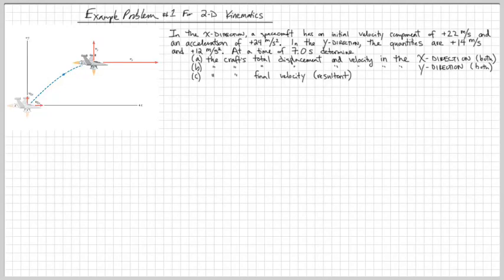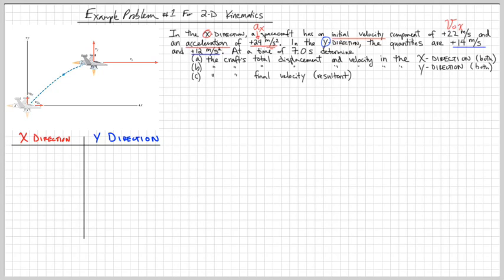First thing I'm going to do is draw out a t-chart, which is just a little table to help me keep my kinematic variables organized from the x and y directions. I'm going to go back to my problem and circle those values in red for the x direction and blue in the y direction. Let me identify what those are. I notice I have my initial velocities and my accelerations for each direction of motion.